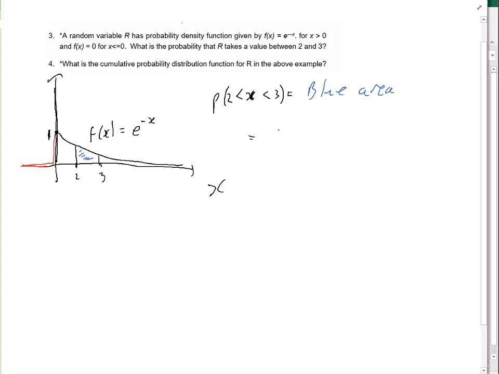Which is, you have to integrate this function between 2 and 3. So that's integrating e to the minus x dx between 2 and 3. So first you integrate it.